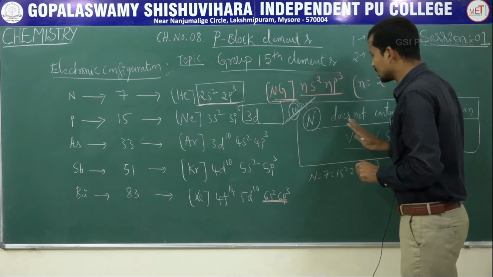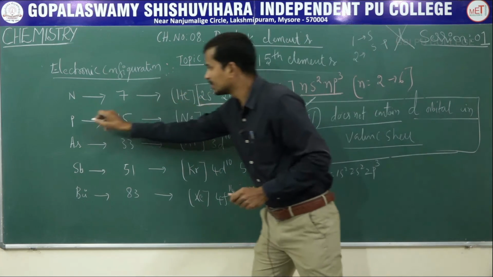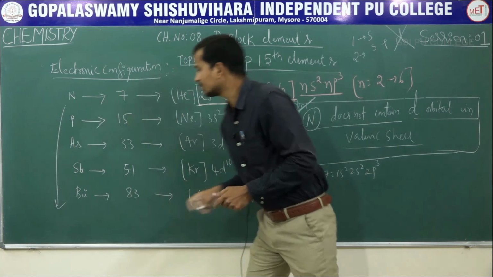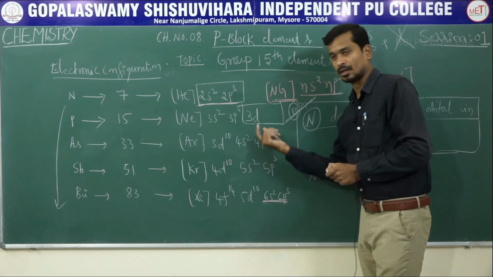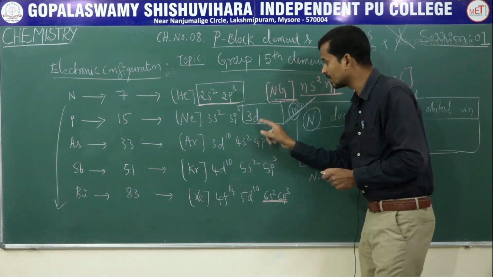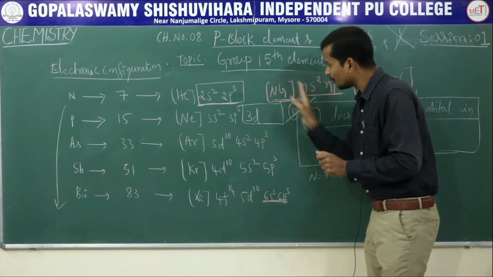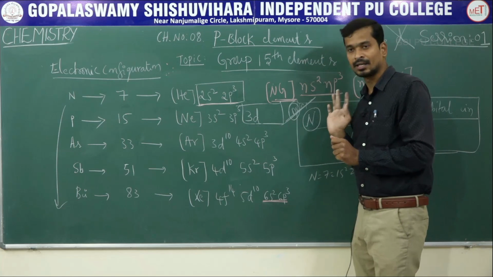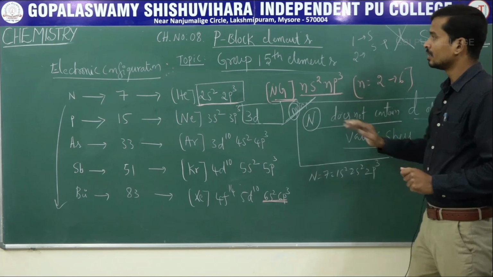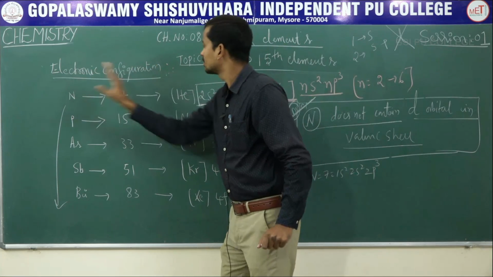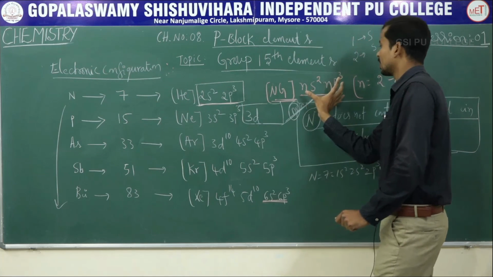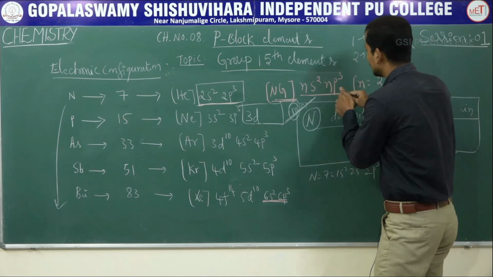In nitrogen there is an absence of d orbitals, and in the elements after nitrogen the d orbitals are present, but for phosphorus we do not write 3d because it contains vacant d orbitals. Okay? That is a very important point. These are the electronic configurations, generally ns2 np3, half filled. That is very important.